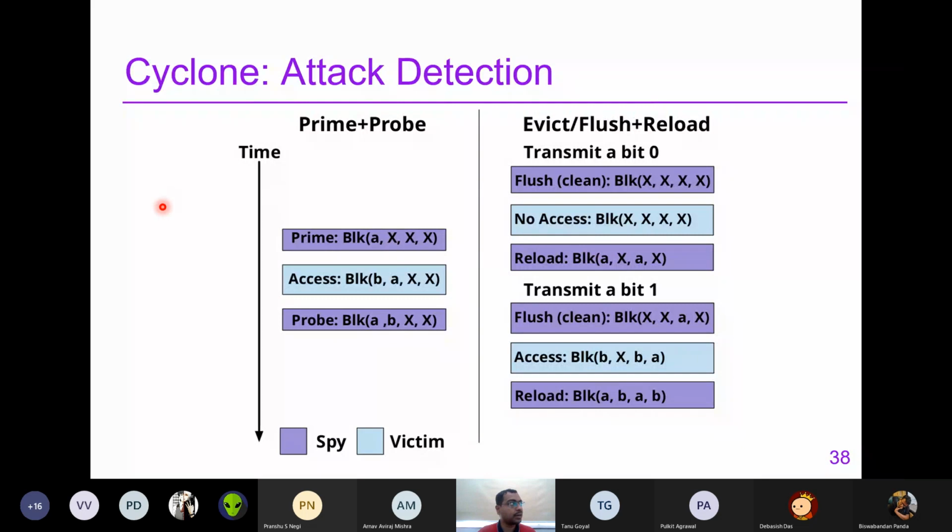So first, let us look at this prime plus probe attack. Here there is a cache block. There are four parameters, right? The first one is the resource tag ID, like which domain accessed this resource in the current time. And then what comes after it is which domain accessed this resource in the past time, that is one time step before.